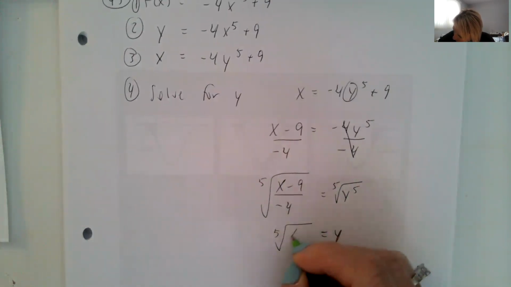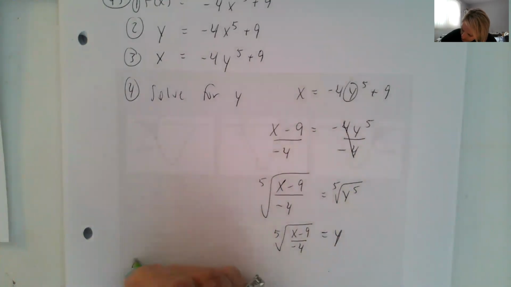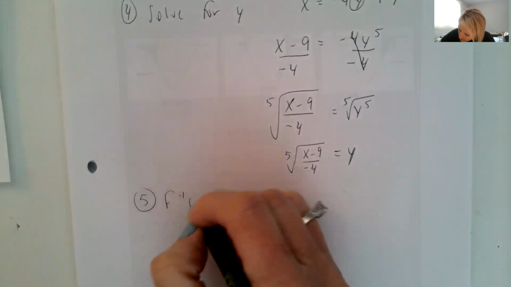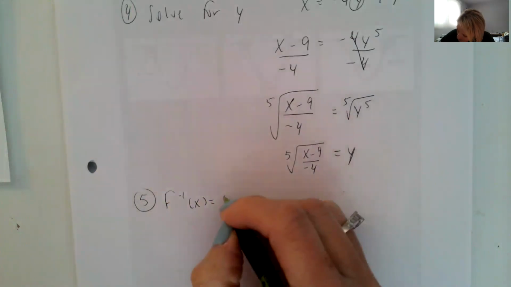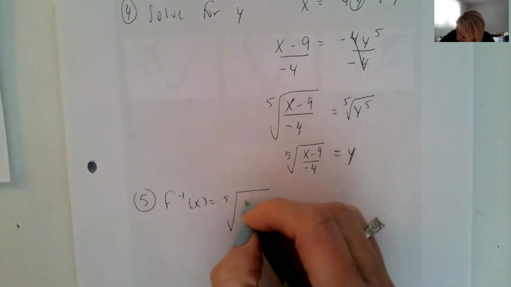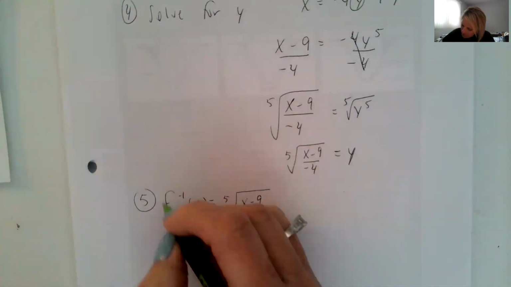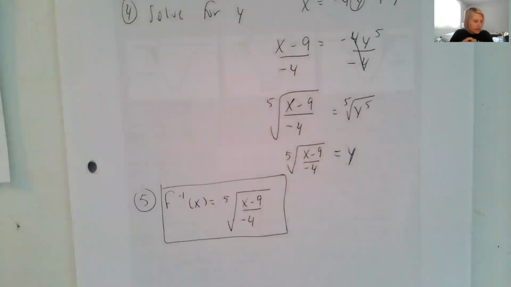So the fifth root of x minus 9 over negative 4. And then my last step is to write it as the inverse function of f. So it's the fifth root of x minus 9 over negative 4 is my final answer for that one.